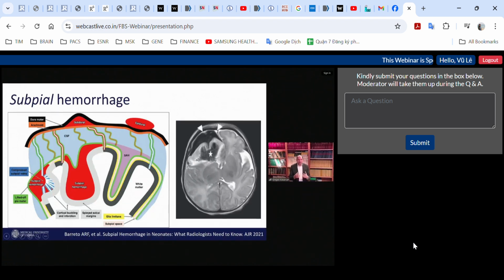We also know now a different side of hemorrhages, which recently came. Below the pial surface, which is compressing actually the cortex and also the medullary veins.